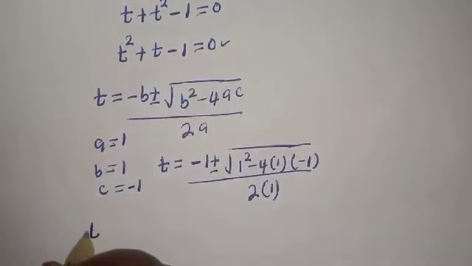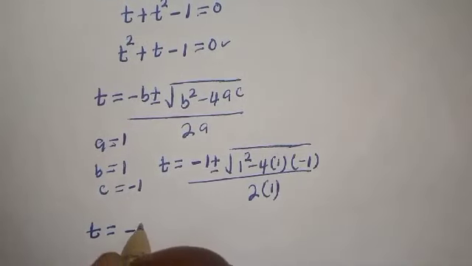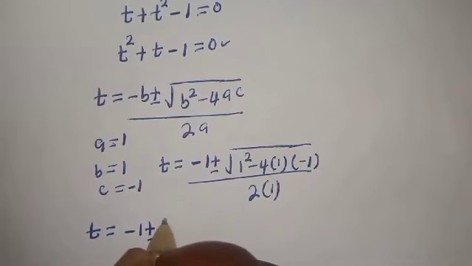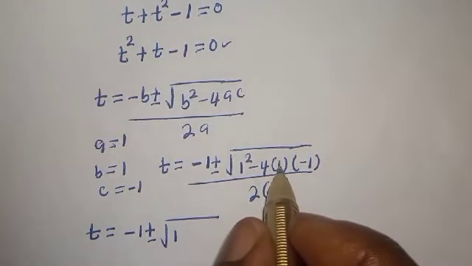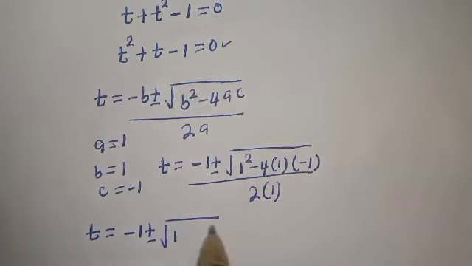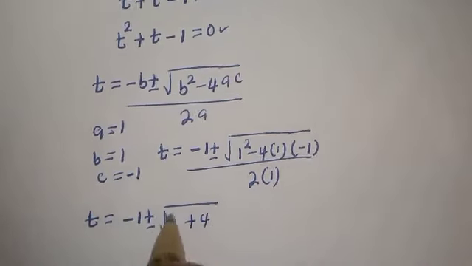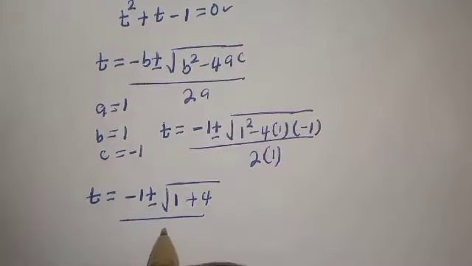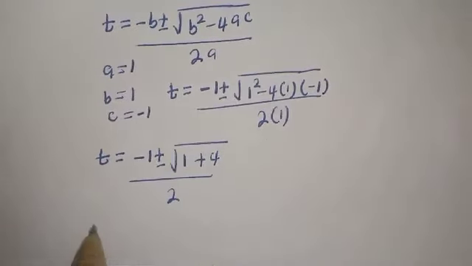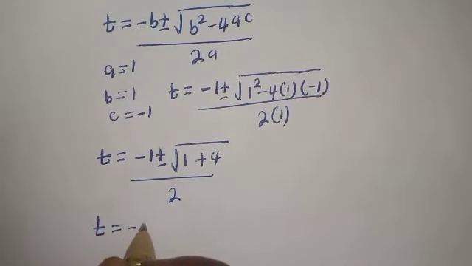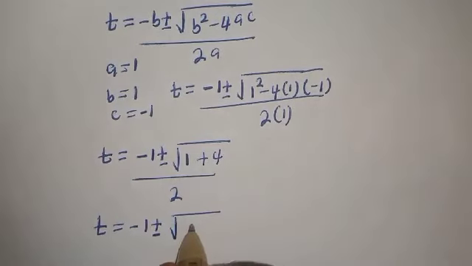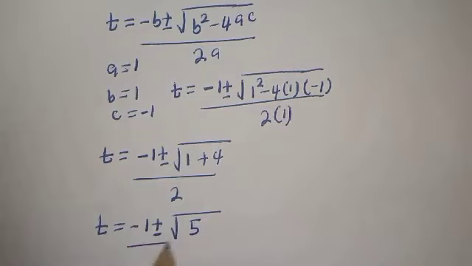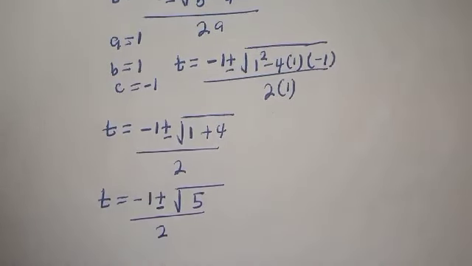Then here t is equal to minus 1 plus or minus square root of 1 squared is 1, minus 4 times 1 times minus 1, that is plus 4, over 2 multiplied by 1, that is 2. Here t is equal to minus 1 plus or minus square root of 1 plus 4, that is 5, over 2.